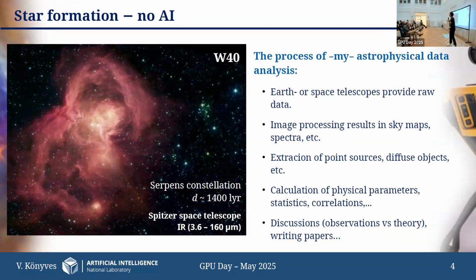And this piece of sky is exactly the same as the one before, but at a much shorter infrared wavelength, where you see that there's less cloud material, but many, many more stars, both in the cloud and in the background.